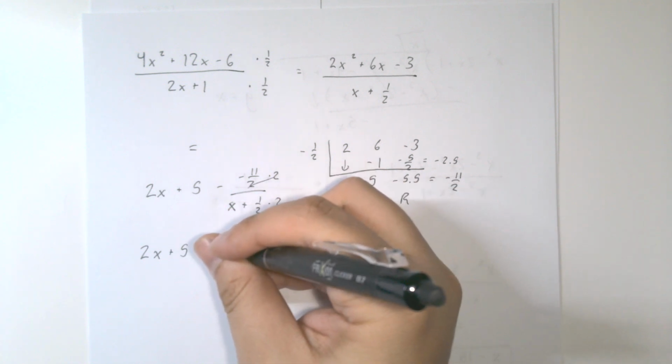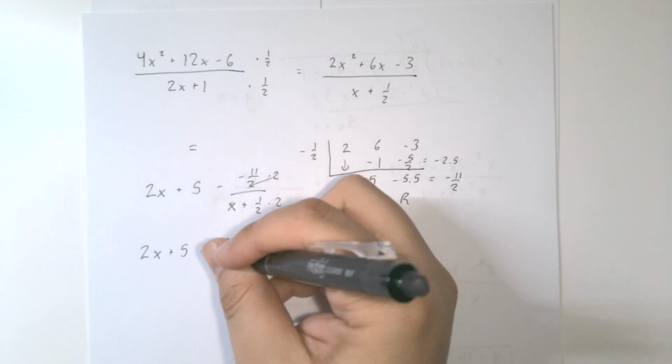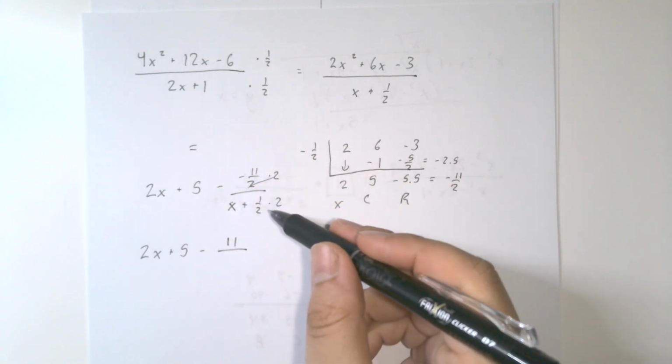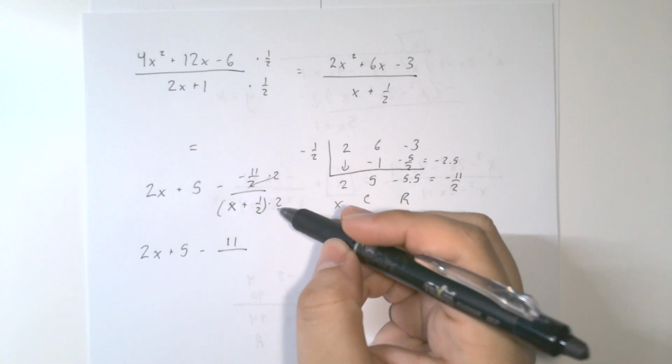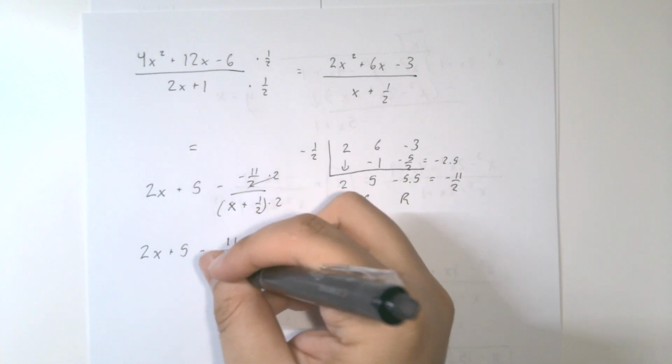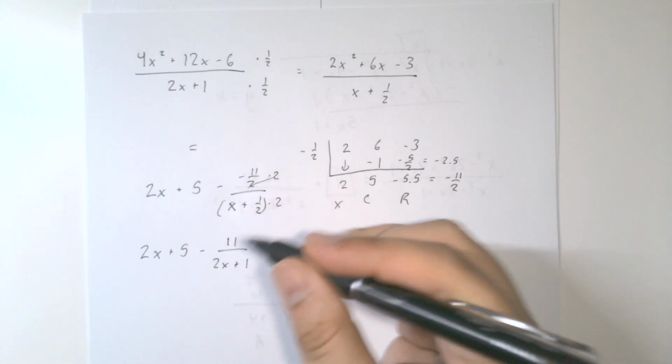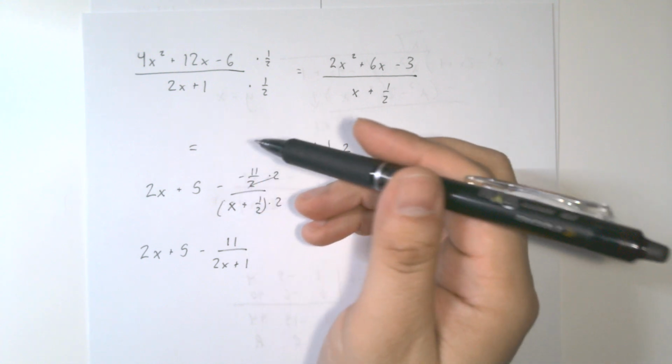That's going to cancel out, that's going to be 11. And then, remember, this is all divided by 2x plus 1. That was, again, what we were originally dividing by.